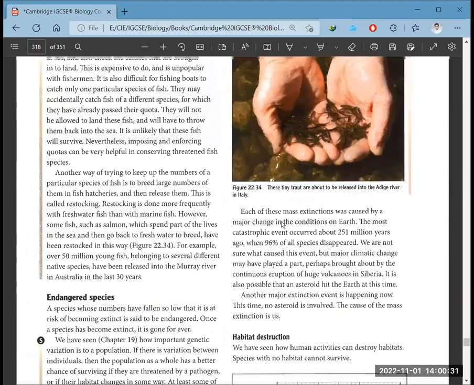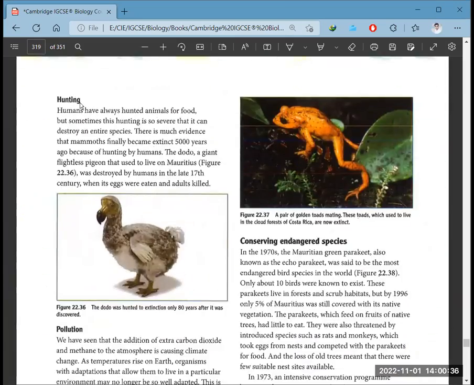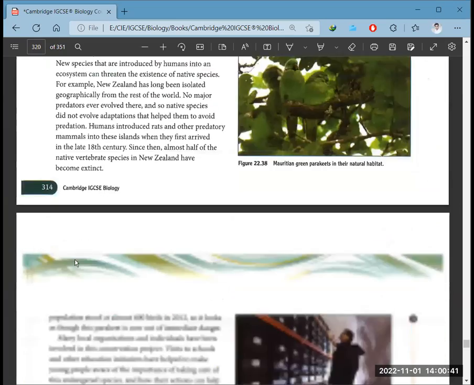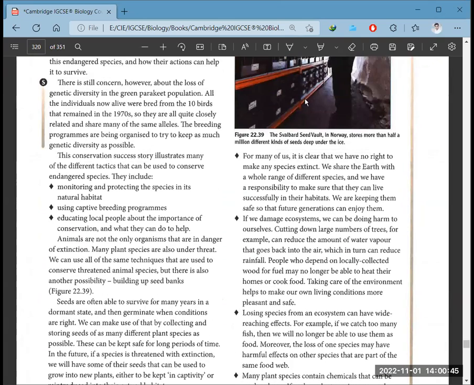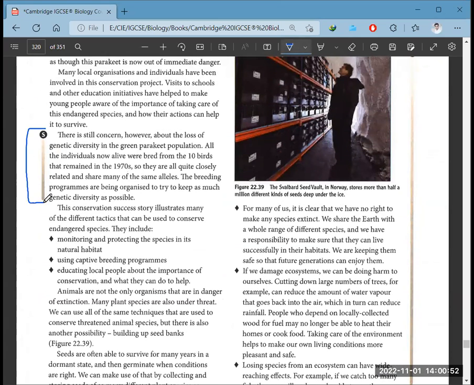Yeah. So we looked at this: habitat destruction, endangered species, hunting, pollution, introduced species. We haven't done that yet. Now we came here: reasons for conservation programs. I want you to read from here. There is still concern, however, about the loss of genetic diversity in the green parakeet population.